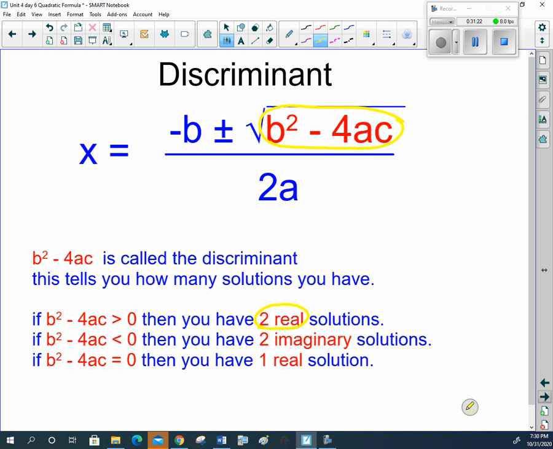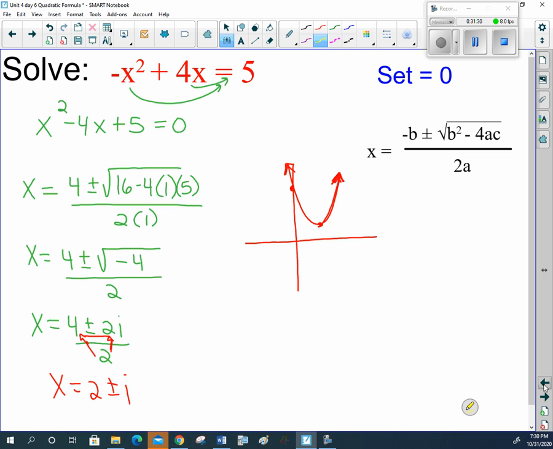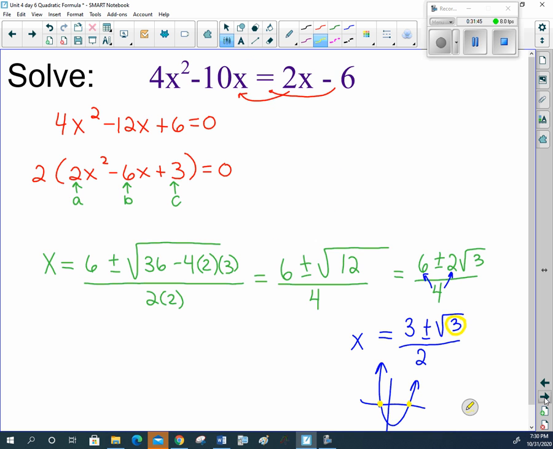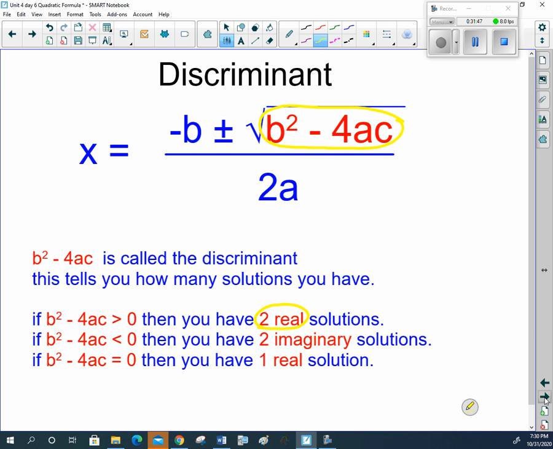Okay, what happened when the discriminant was less than 0? When it was a negative number? Well, we had one of those scenarios. What happened? Let's go find it. Here's the discriminant right here. It was a negative number right there, -4. What did we end up with for an answer? We ended up with an i for an answer, which let us know that we didn't have real solutions. So back here, we ended up with 2 imaginary solutions.